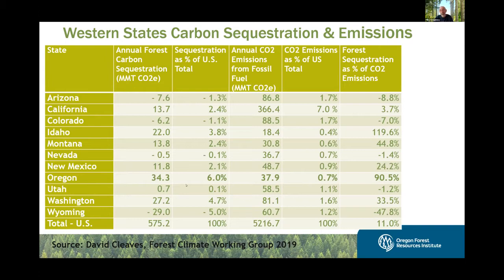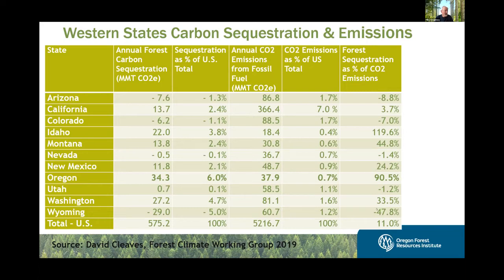So in Oregon already, just our baseline today, 90% of the CO2 emitted we're sequestering in our forest. Whereas if we look at the whole country, it's only 11%. For Washington, it's 33%. California, 3.7%.